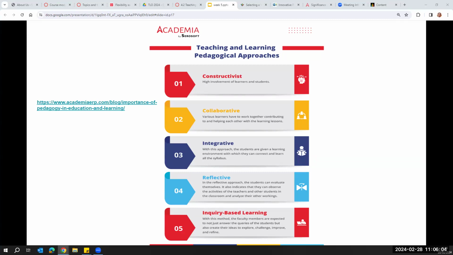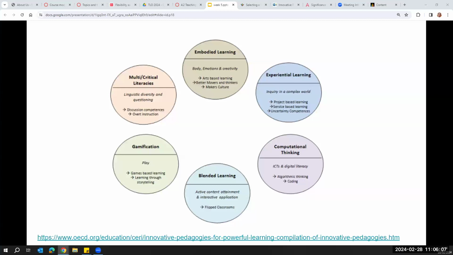There are more and more pedagogical approaches. There's a blended learning approach. There's computational thinking. There's a link there that gives you more details of these different approaches. Gamification, some of you may have heard about this, is all about the learning being transformed into a game.